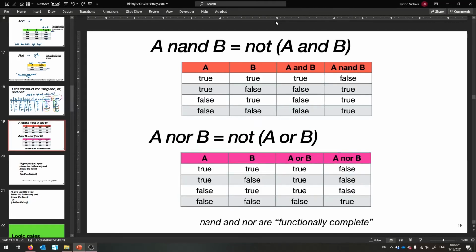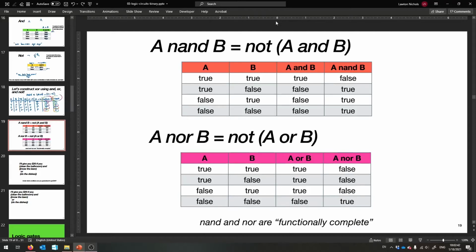And the cool thing about these is if you make a circuit that just does the NAND operation on A and B, we'll get to talking about what those mean in just a second. Actually, NAND by itself, NOR by itself, is functionally complete.